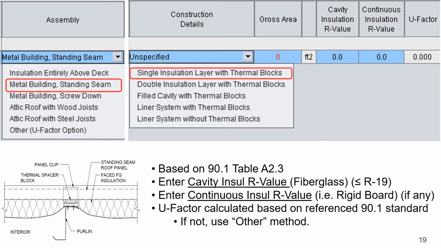However, if you know that the fiberglass has fully expanded to the effective R value between the purlins, and you have tested information that can be included with the certificate report to send to the building official, then again you can go the other U factor route.